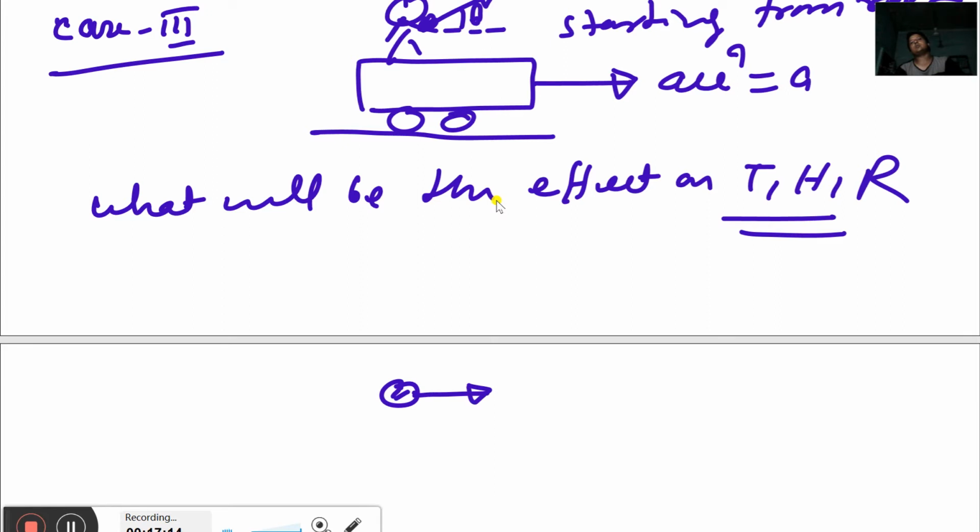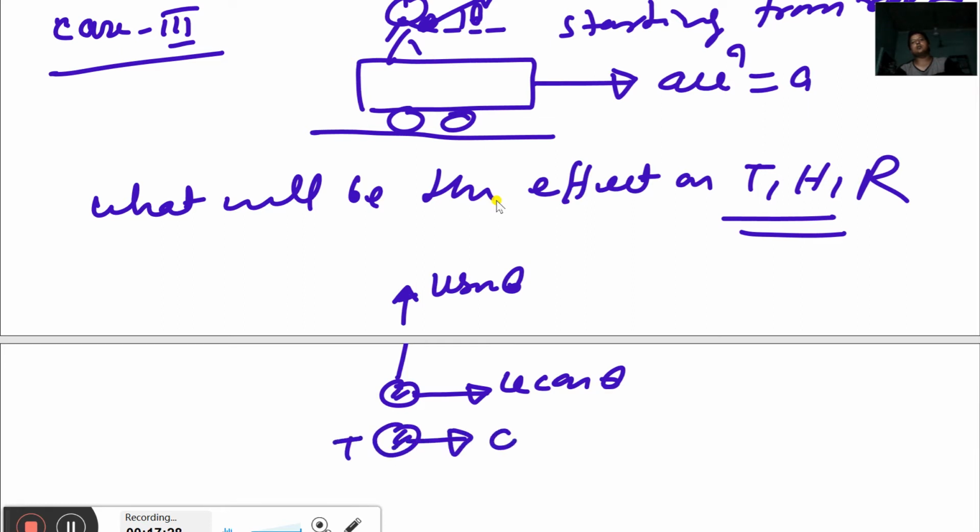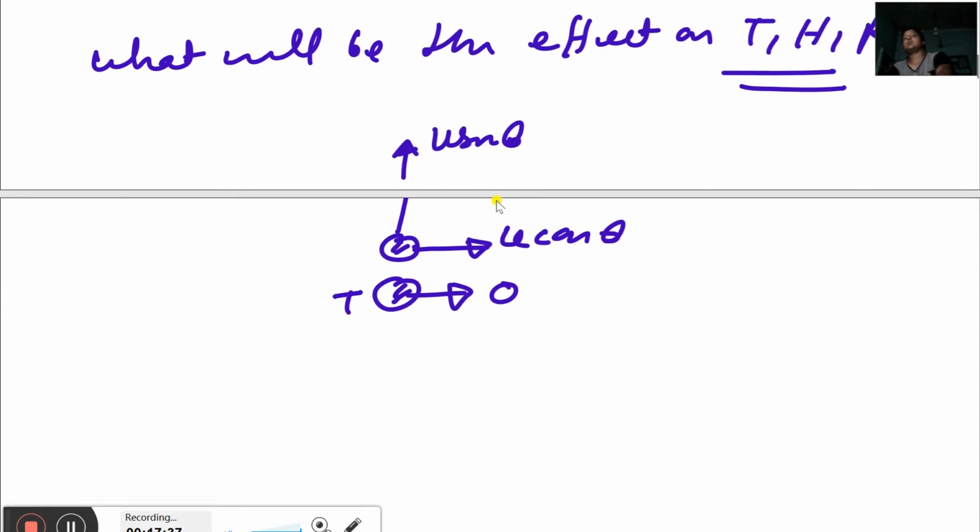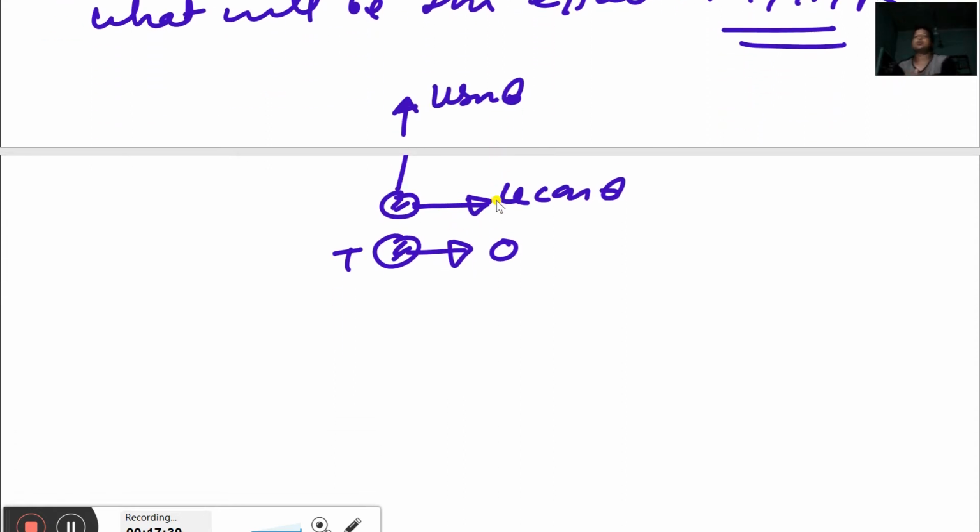Initial horizontal speed of the projectile is u cos theta, vertical speed is u sin theta, and trolley has zero speed. So time of flight is 2u sin theta over g.